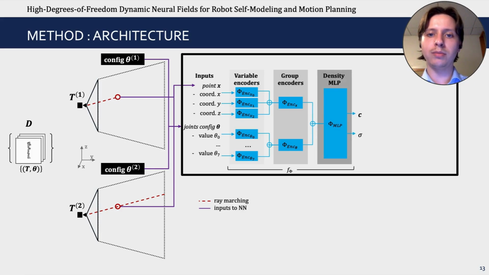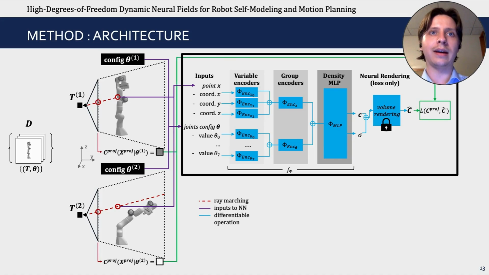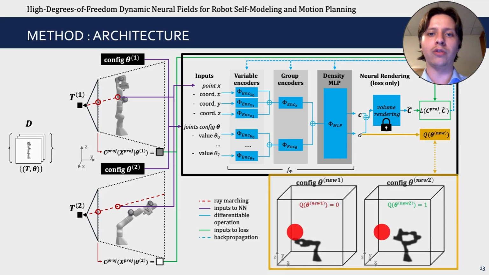Using differentiable volumetric rendering, we receive pixel color predictions. Now, we can use the ground truth image to compute a loss, which we use as training signal to update the model. After training, we only use the density predictions of novel configurations for our downstream applications, such as determining whether a configuration is collision-free.